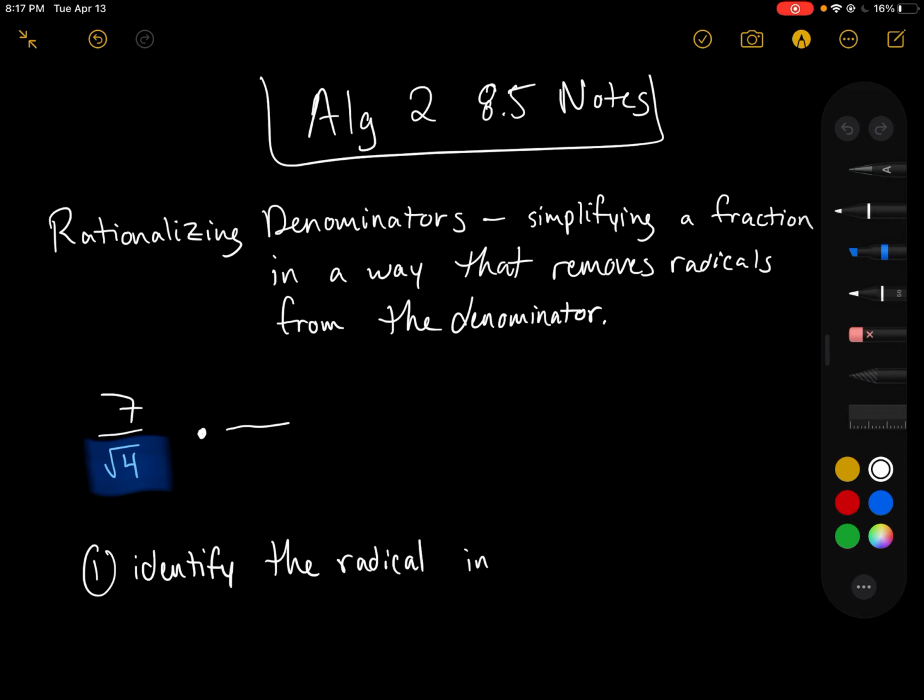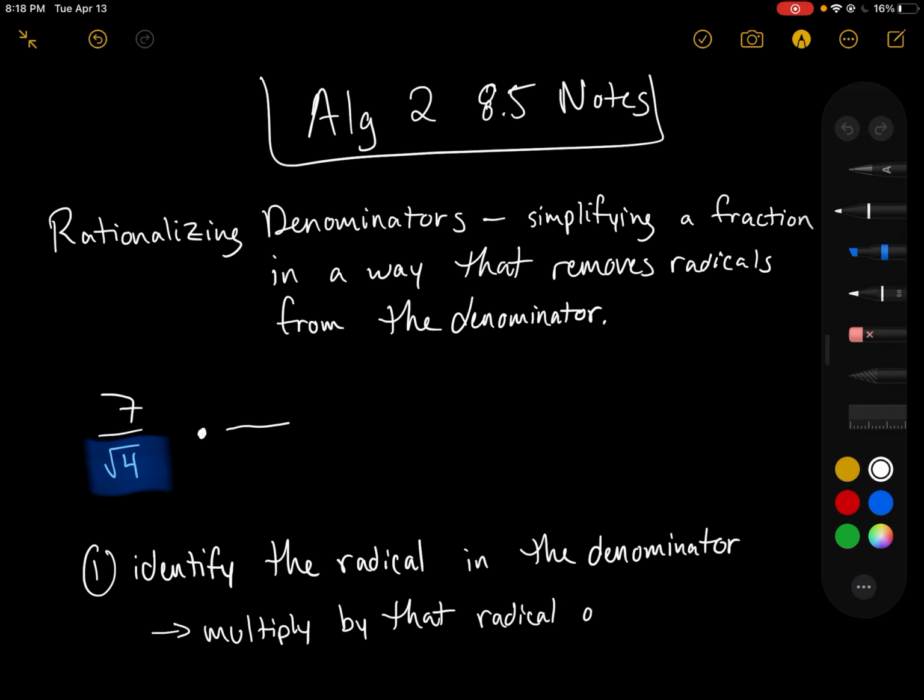And the simple rule for this is identify the radical in the denominator, and once we do that, multiply by that radical on the numerator and denominator.